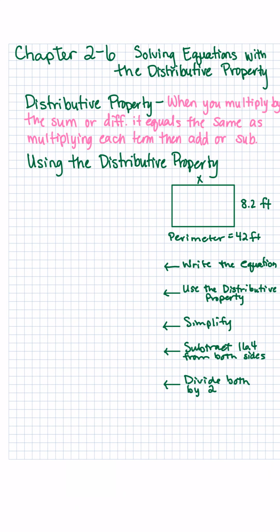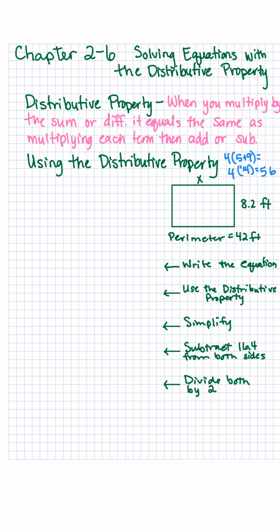So for example, if you have 4 times 5 plus 9, we could do 5 plus 9 equals 14 times 4, and that's going to equal 56.